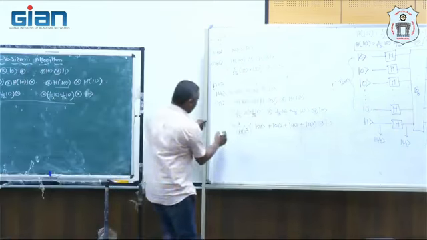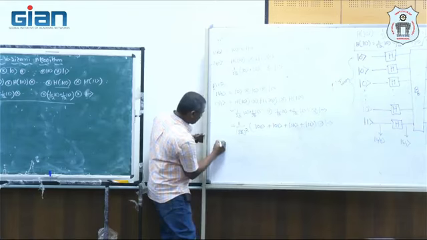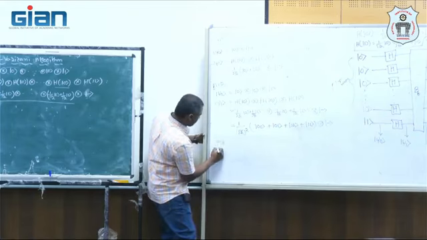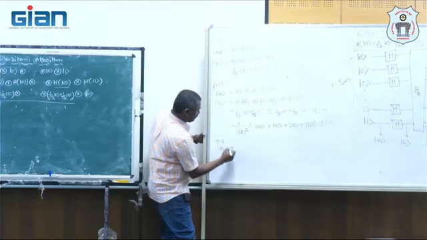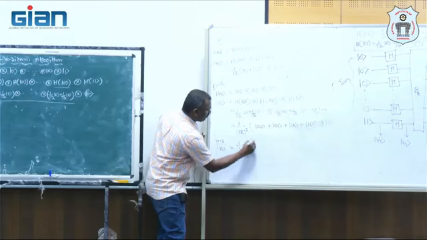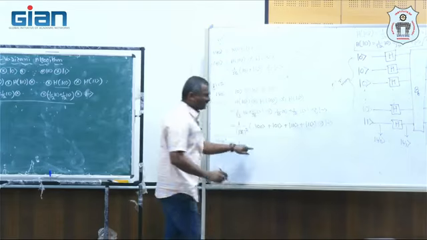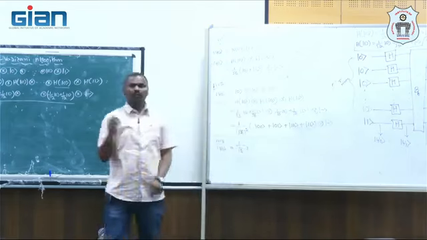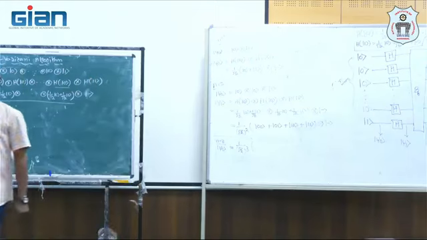Now, can you tell me, for n equal to 3, what do we get directly? What is the psi 1 state? 1 by root 2 whole cube. Here how many terms? 8 terms. N equal to 4, 1 by root 2 whole power 4, 16 terms.